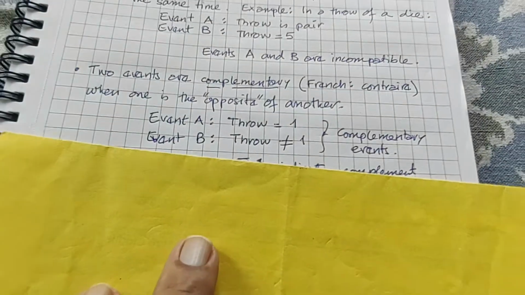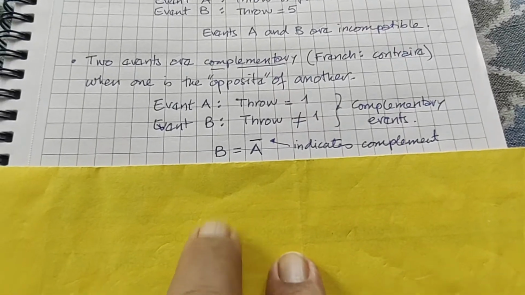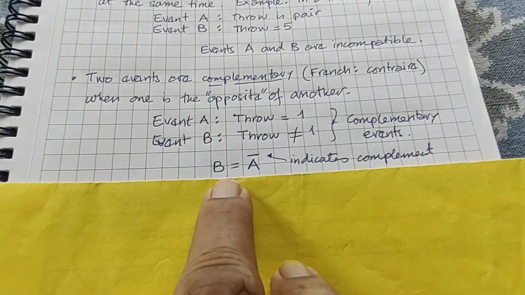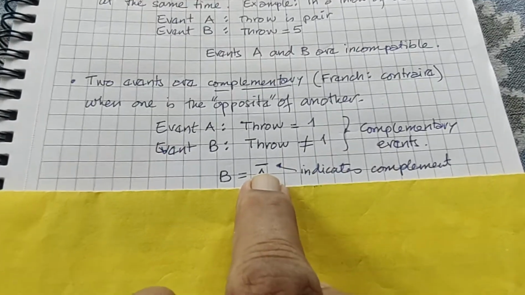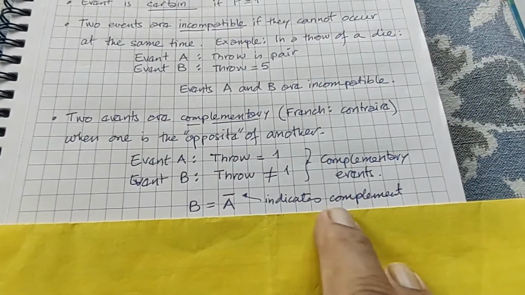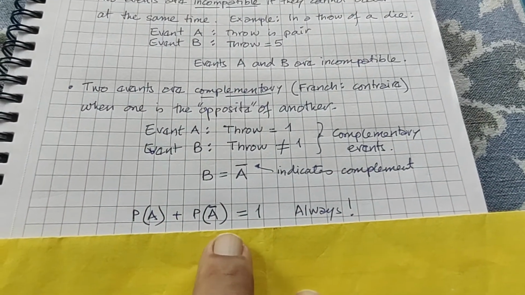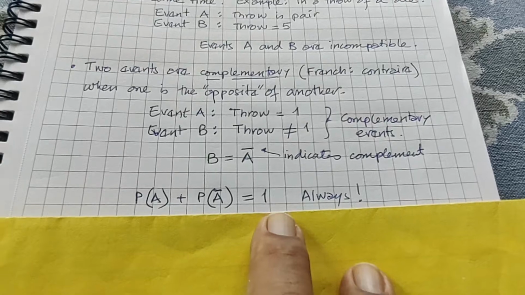And there is a special way of writing événement contraire or complementary event. B is equal to A, and there is a little bar on top which indicates the complement, that means the opposite. So P of A plus P of A bar is 1 always.